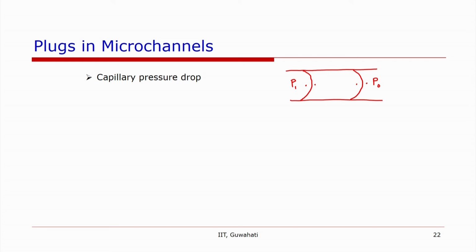So what we will have, the pressure difference at the front is equal to 2 sigma over r curvature, and if we say that this is theta advancing contact angle, then we can draw a geometrical configuration.